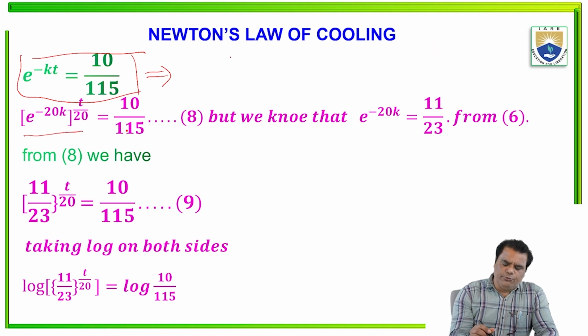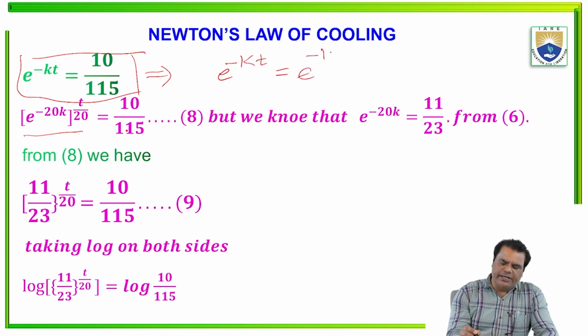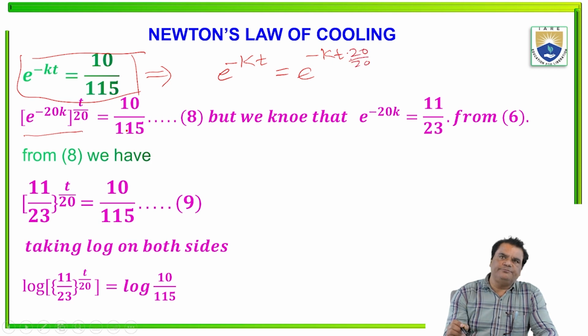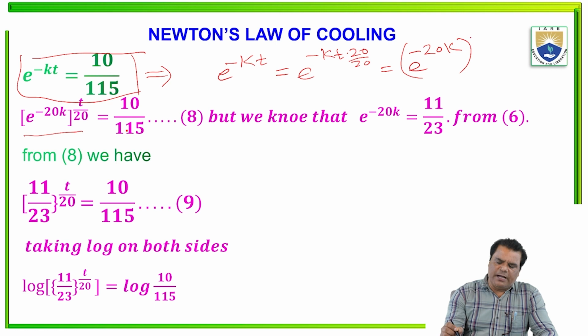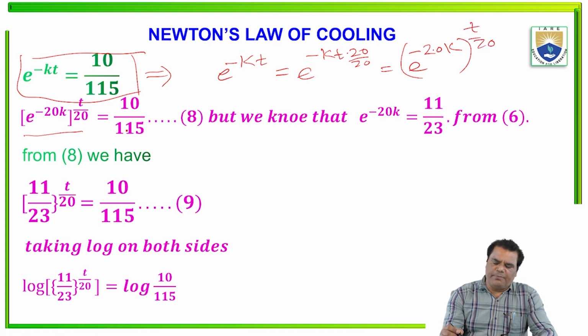We have here e to the power minus kt. So e to the power minus kt, multiplying by 20 and dividing by 20, equals e to the power minus 20k whole to the power t upon 20. If it is a power of a power, then multiply the powers. So the 20 cancels, and this is the same result.